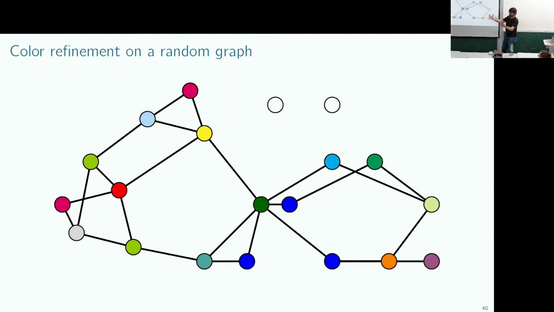So that splits them up further. This one has now a purple neighbor, and that means it's different from all the others. And it turns out on random graphs, this basically always works. It will just split up all the vertices into different colors. So that's the process on a random graph, and then we're done, and now we can see that vertices with equal colors will actually be symmetric, while others are in the same orbit.